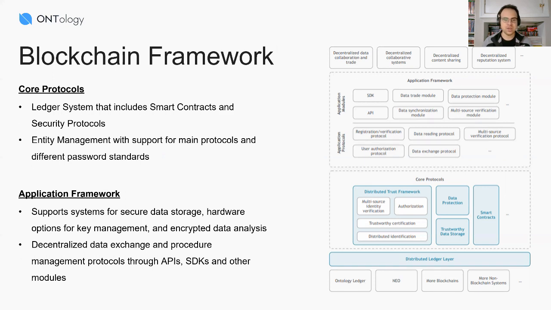We have different SDKs, different APIs, different modules that help you interact with the blockchain, interact with the mainnet. We also have all of the protocols that we mentioned earlier. We have a decentralized identity protocol, a data exchange protocol, a user authentication protocol, and a way to read the data. We have all of these things built on top of the mainnet.